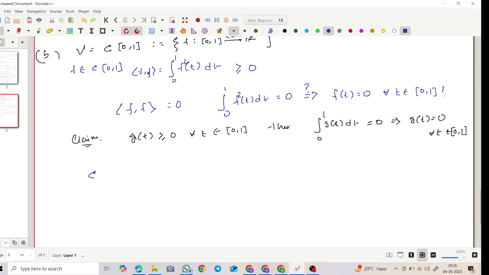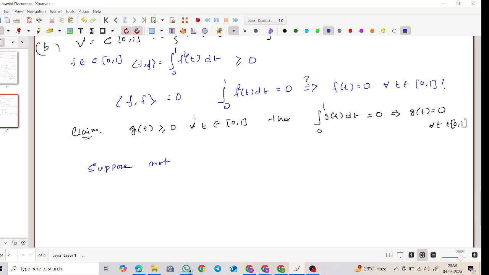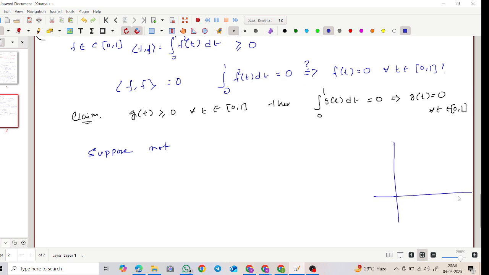So suppose not. Let me first draw the picture. I think it will be easier for you to understand. If g is not identically 0, there will be a point, say x naught, where it is non-zero.